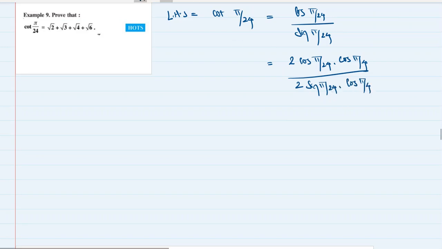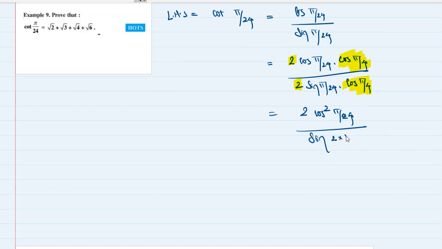So I multiplied 2 in the numerator and denominator, and I multiplied cos pi by 24 in the numerator and denominator. Okay, so what I'm getting over here is 2 cos square pi by 24, 2 cos square theta, and 2 sin theta cos theta. 2 sin theta cos theta is sin 2 theta, that is sine of 2 times pi by 24.